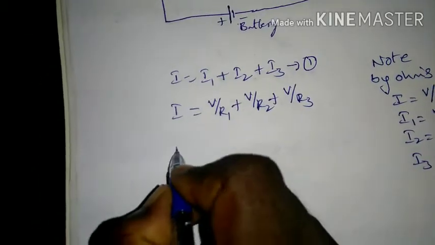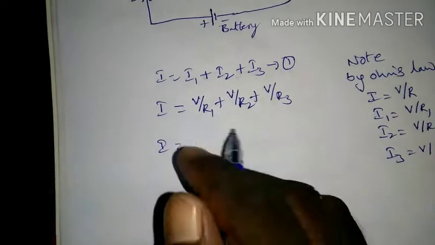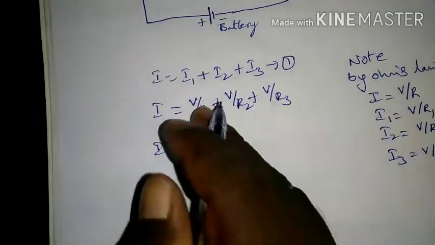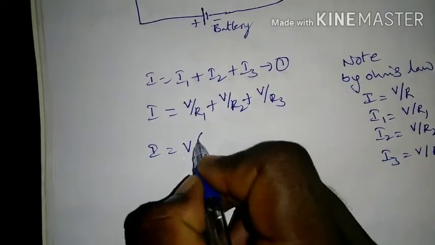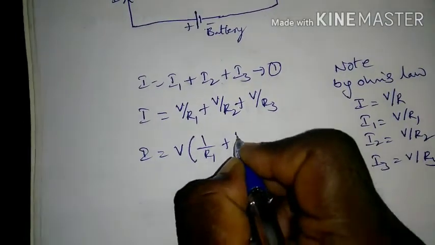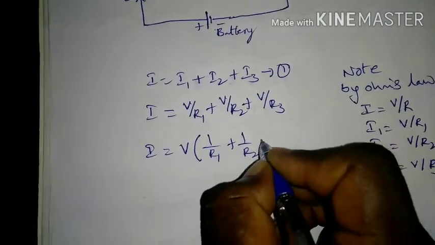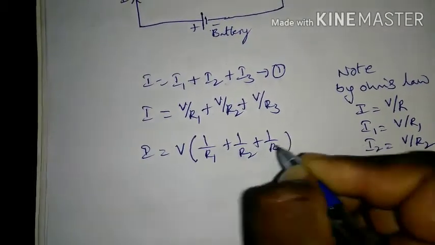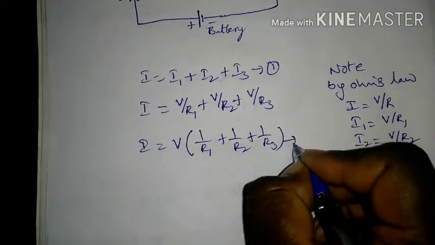Taking V common, I is equal to V into 1 by R1 plus 1 by R2 plus 1 by R3. This is equation 2.